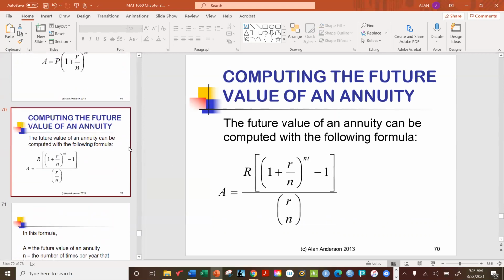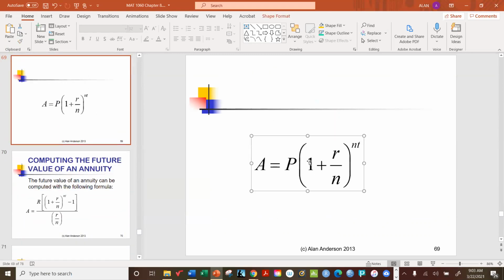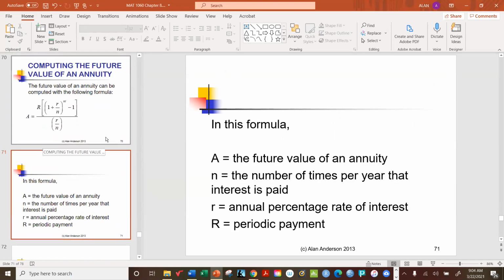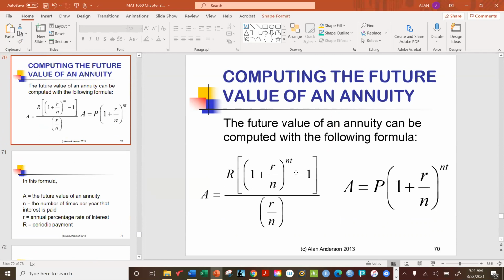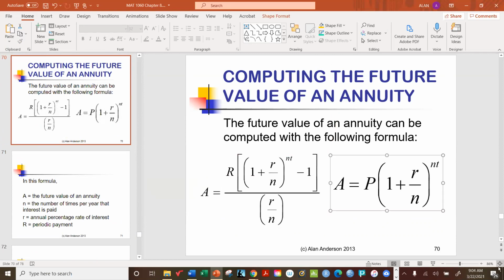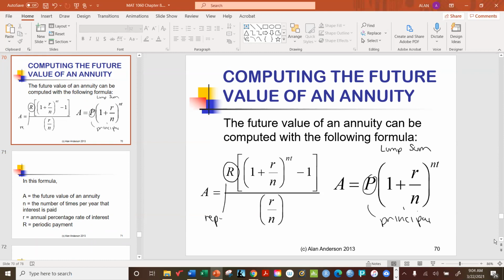Now, let me go grab this one back so we can see them side by side, and so you can see the differences. All right, now there's not a whole lot of differences, really, as far as the symbols are concerned. The P or principal for lump sum has been replaced with R, which stands for repeated payment.